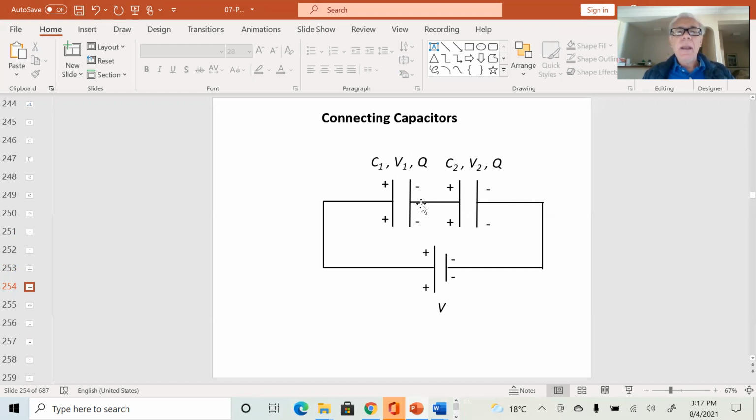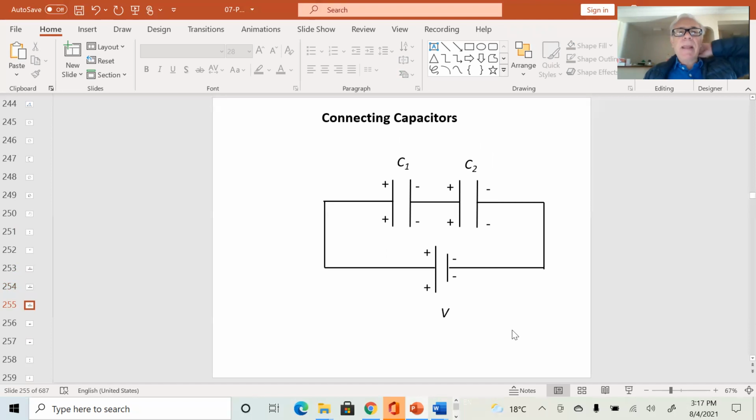Here are the induced charges, and here are the other induced charges. In series, the electric charges end up being the same in both capacitors. And now what happens?